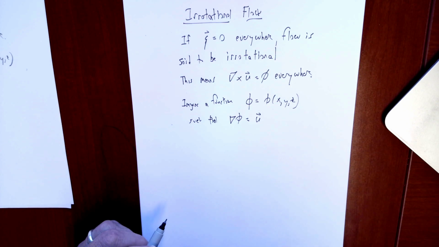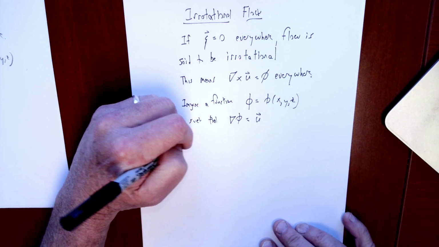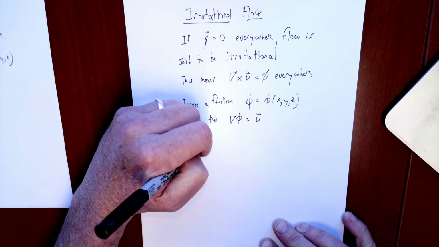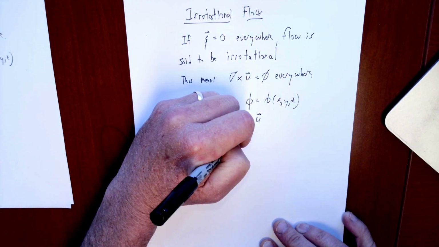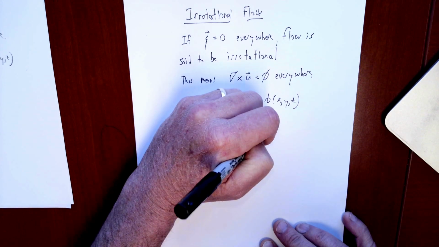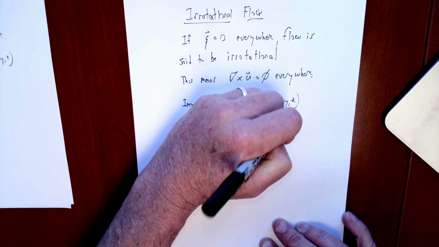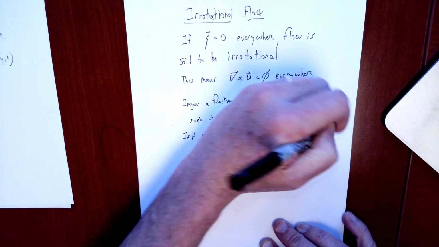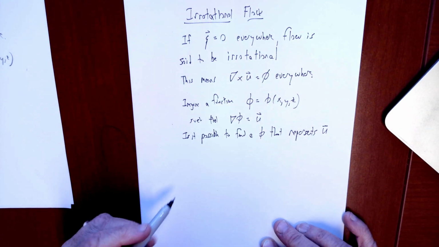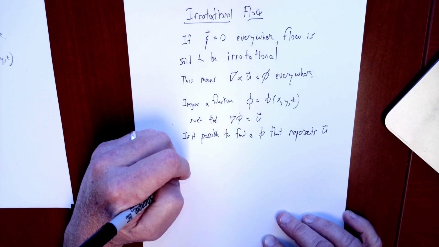So the question is, is it possible to do this? It would be nice, but is it possible, mathematically speaking, to find a phi that represents the u vector like this? So that's the question.